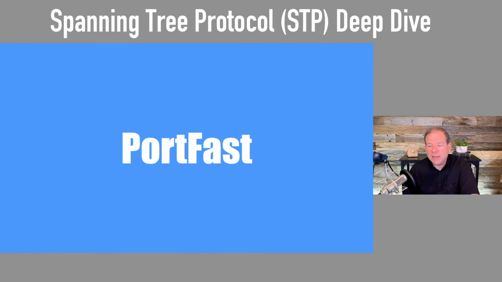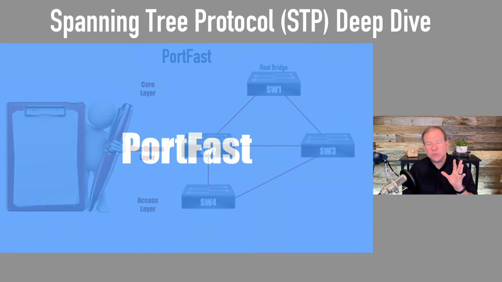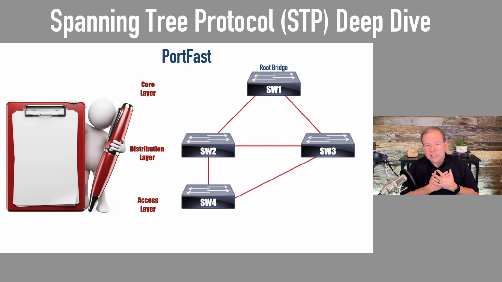PortFast, we said, is going to make a solemn vow to a switch port to say, I promise I will never send you a BPDU. You're never going to form a loop by negating your spanning tree process with me. Please just let me go active already and not have to wait for 30 seconds. So the switch will say, okay, I trust you.